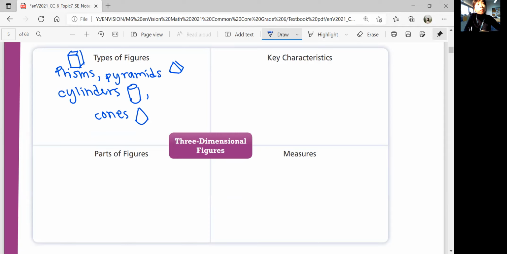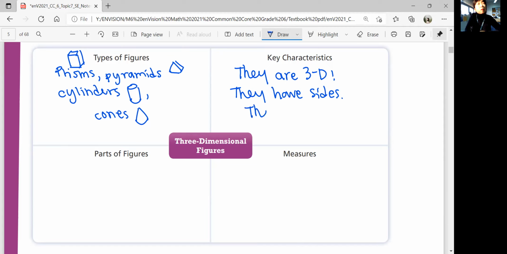Key characteristics. They are 3D. What else? How do you describe that? They have sides. They have volumes.